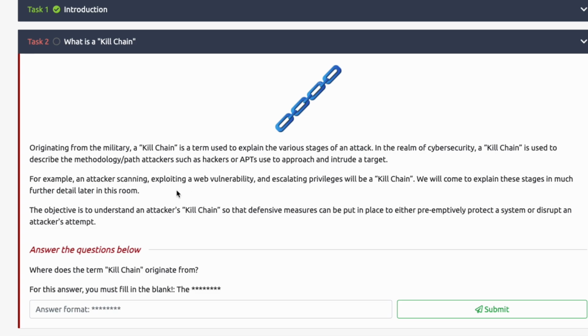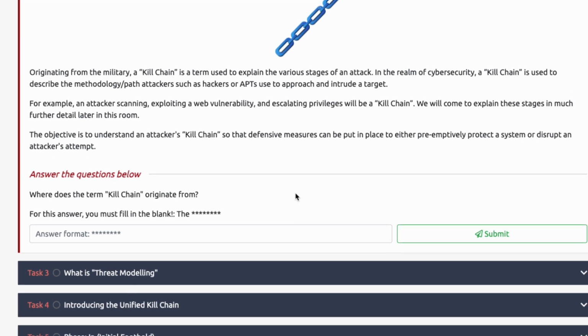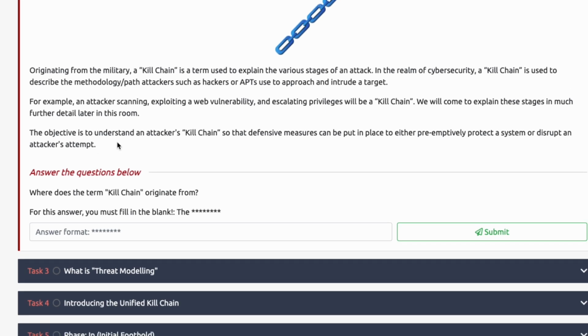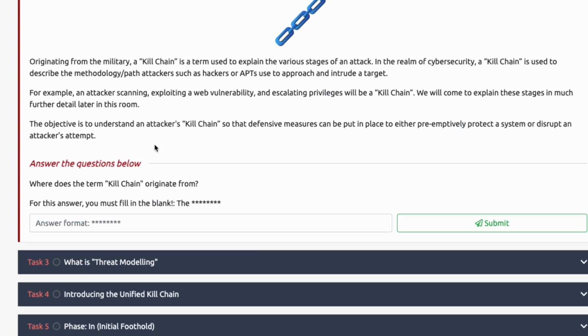For example, scanning and exploiting a web vulnerability and escalating privileges would be a kill chain. We'll explain these stages in detail in the rest of the room, but the objective is to understand the attacker's kill chain so that defensive measures can be put into place to either preemptively protect the system or disrupt an attack, stopping it in its tracks.